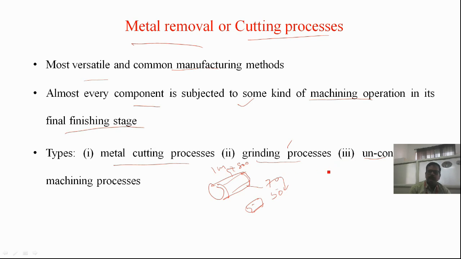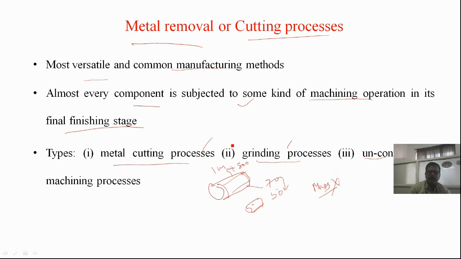Using the unconventional machining process, we can get the final shape of the component, but it takes a little more time, and the equipment is expensive, and the time taken as well as the cost involved is more. Therefore the unconventional machining process cannot be used for mass production.